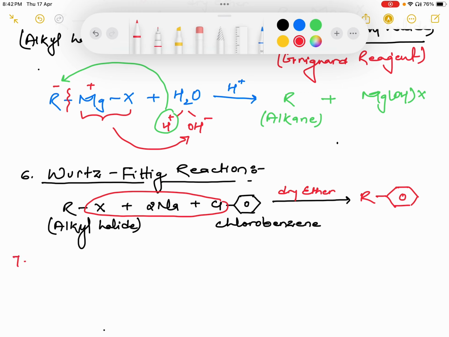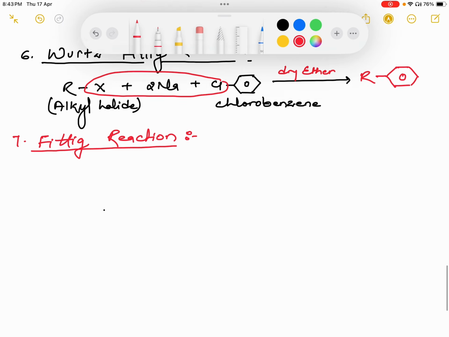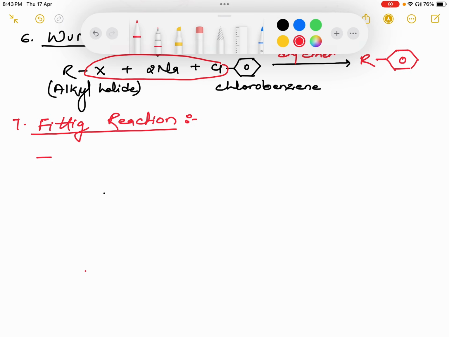If we have only Fittig reaction, so basically what will happen is you will have a chlorobenzene, again there will be two sodium metal, and again you will have chlorobenzene.